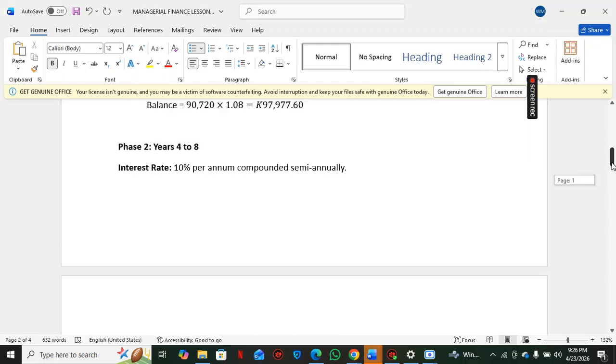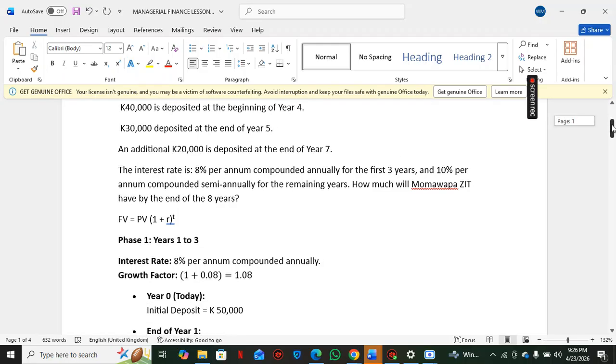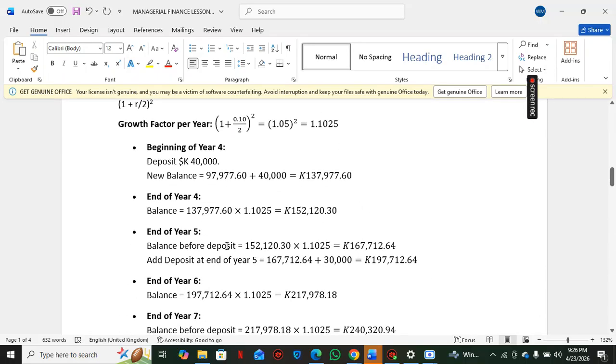Then we come to year 5. 30,000 is deposited at the end of year 5. So what we need to do for year 5, before the deposit is added, this 152,130 multiplied by the growth factor 1.1025, you're going to get 167,712.64.